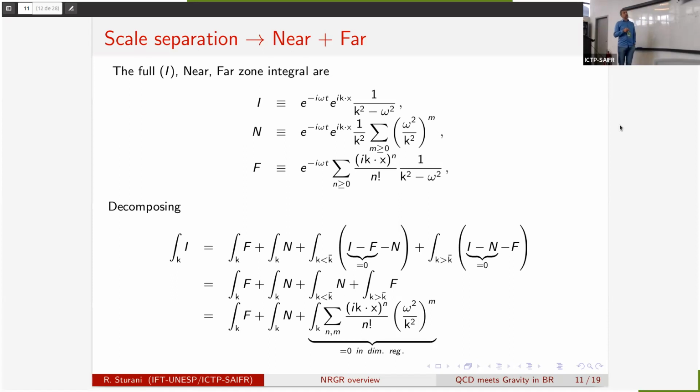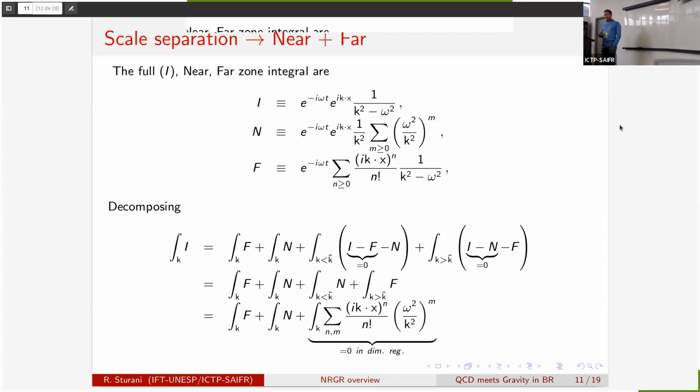Again, no, because if you say this k can be whatever, because I'm integrating over all k, this k can be arbitrarily large, and we know that for arbitrarily large k, the exponential cannot be approximated with the expansion. But because of this non-trivial cancellation that happens in dimensional regularization, this holds. And so the full theory is equal to far theory plus near theory.